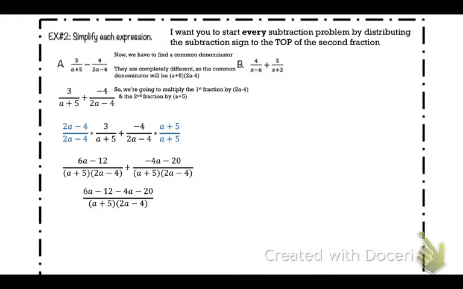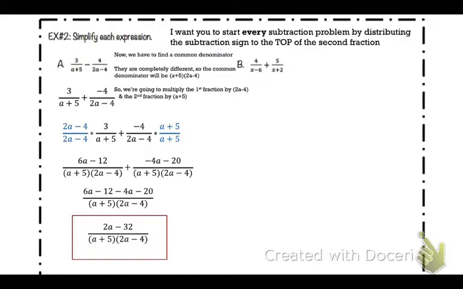Now I'm just going to make this into one fraction, so that's 6a minus 12 minus 4a minus 20 over a plus 5, 2a minus 4. Combine like terms, so that's 2a minus 32 over a plus 5, 2a minus 4. And we're done. Okay, and I want you to leave the bottom in their factors. Don't multiply that back out.